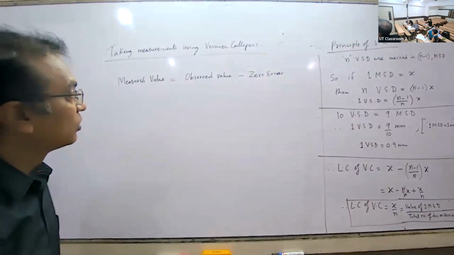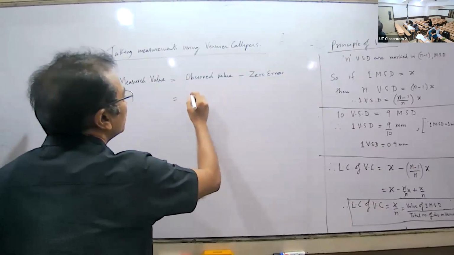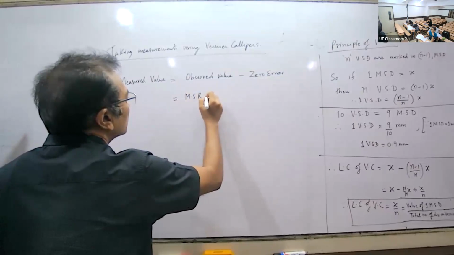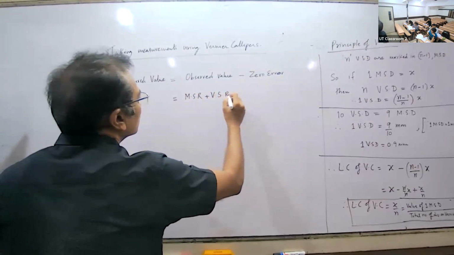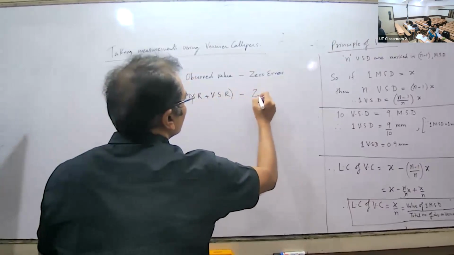And what is the observed value? The observed value is main scale reading plus vernier scale reading. This is the observed value minus zero error.